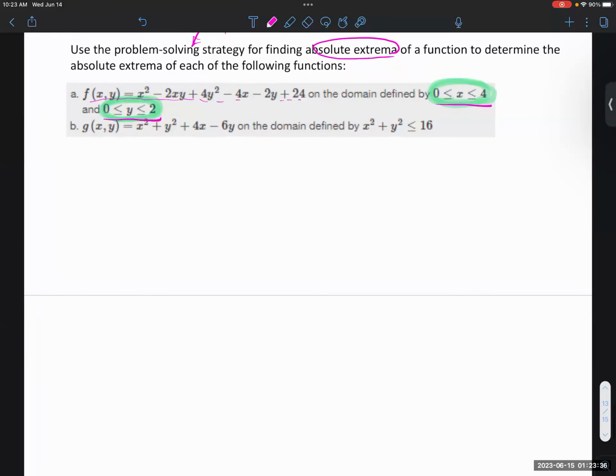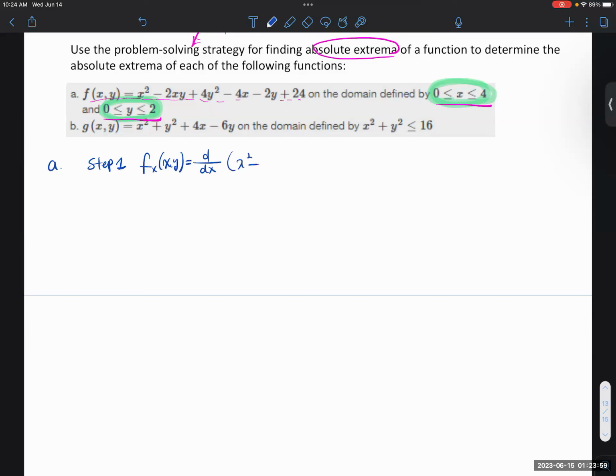Letter A. First, let's find the critical points. Step 1: the partial derivative with respect to x.